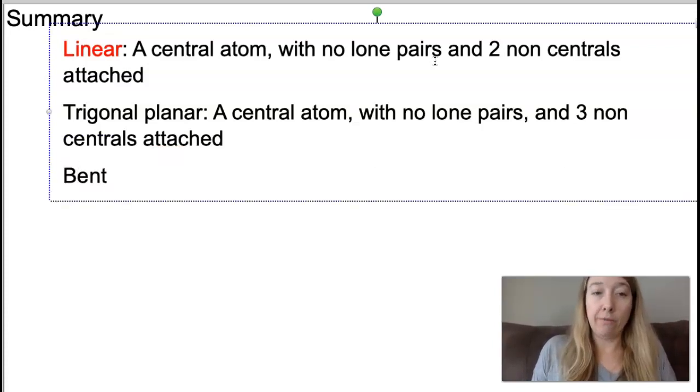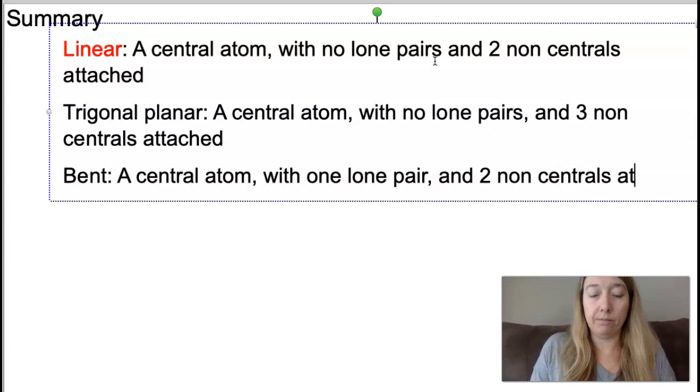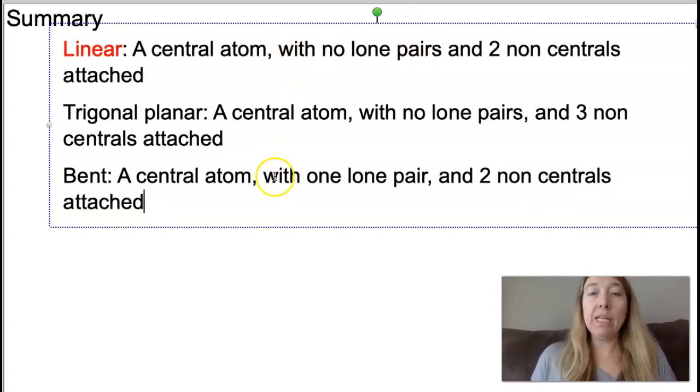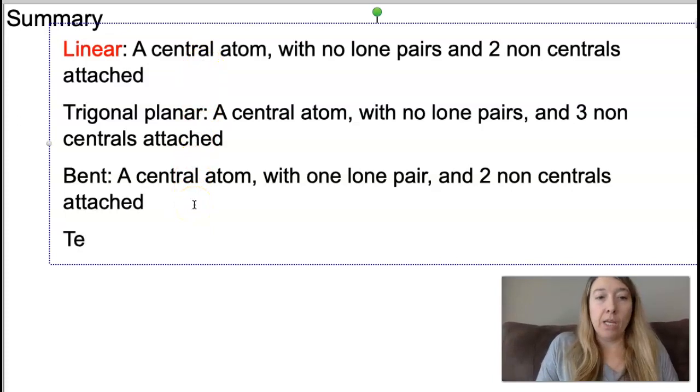Then we looked at our first bent, right? So we had a central atom with one lone pair and two non-centrals attached, right? So all of these were drawn with regular lines. We didn't have any type of three-dimensional shape associated with it. Then we hit tetrahedral, right?